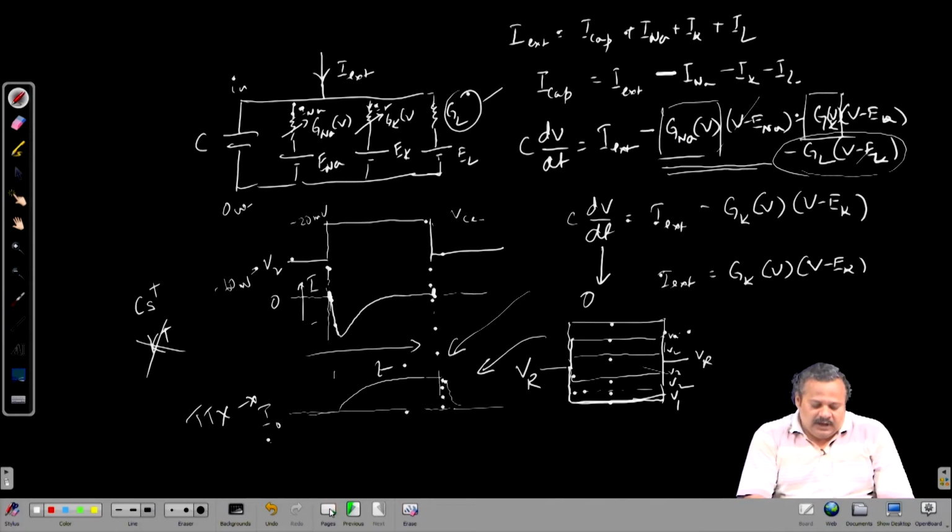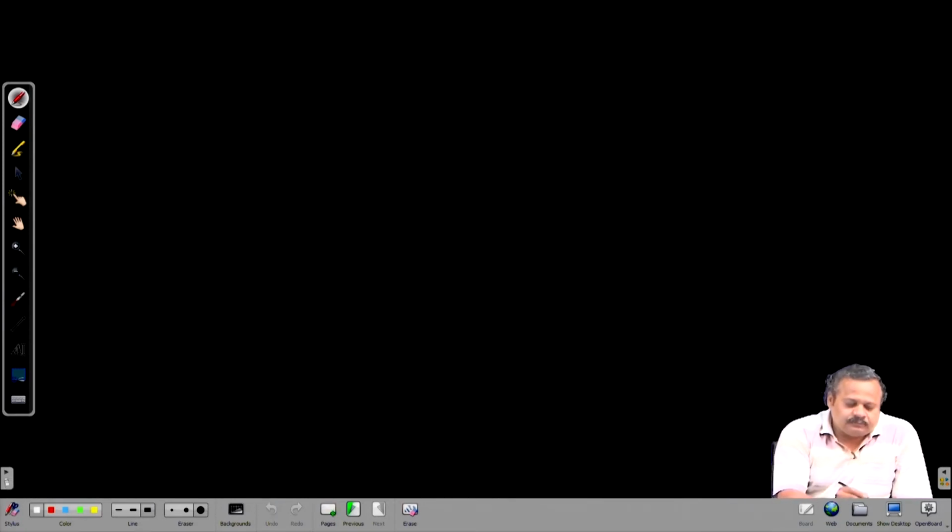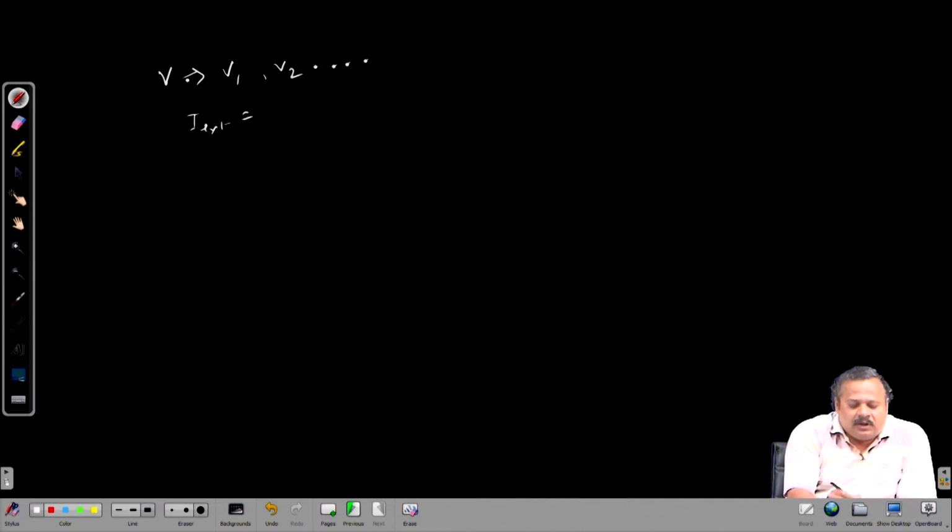So, in each case, for the clamp value being V1, V2 and so on, we are measuring our I external, which is equal to GK as a function of V times (V minus EK).